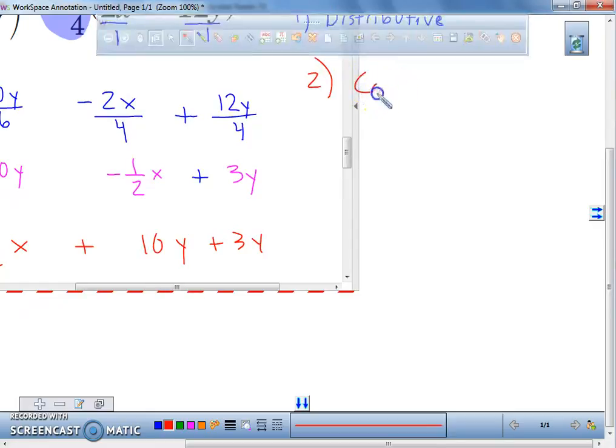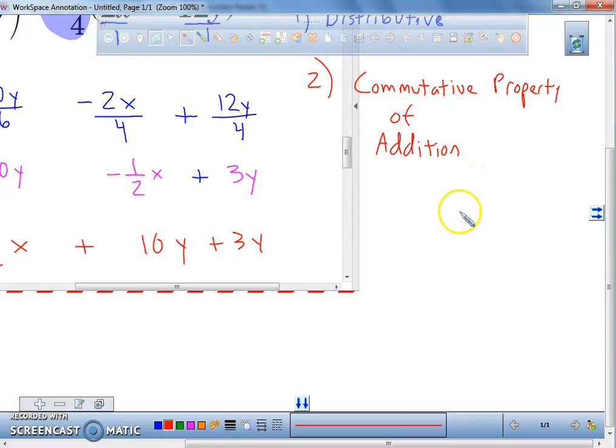It's like a commute. So we call this the commutative property of addition. Okay? That's the commutative property of addition. Because what did I do? I moved the x's together. And I moved the y's together. So whenever you're moving like terms together, which property are you using? The commutative property, when you're moving terms. Okay? All right.